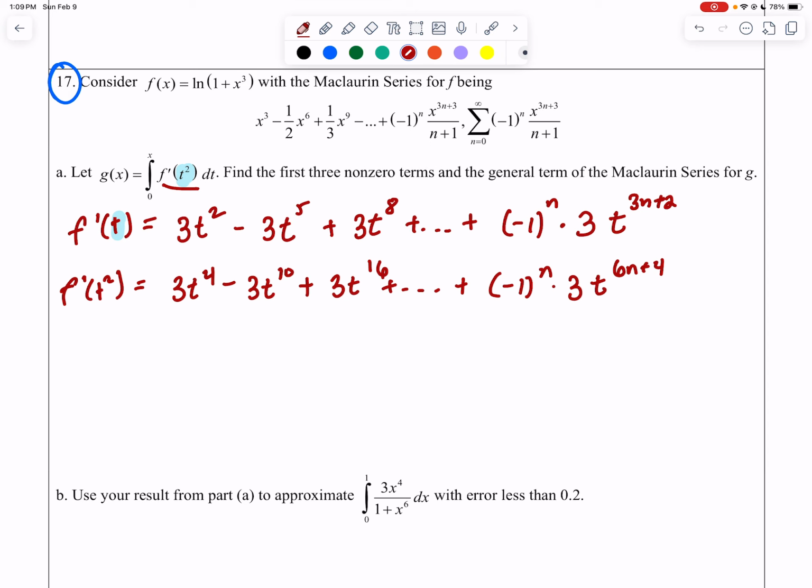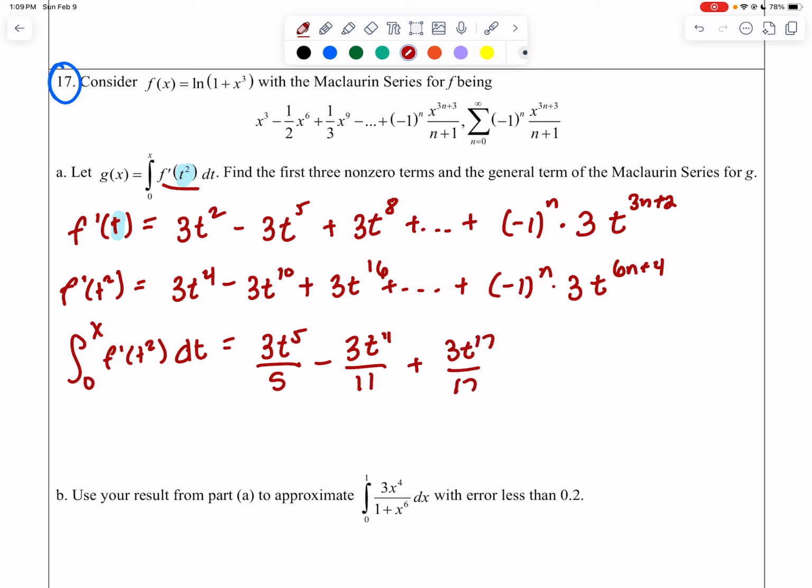Now what we're going to do is go ahead and integrate this from 0 to x of f prime of t squared dt. So if I were to do that, I'm going to get, let's see, 3t to the 5th over 5 minus 3t to the 11 over 11 plus 3t to the 17 over 17.